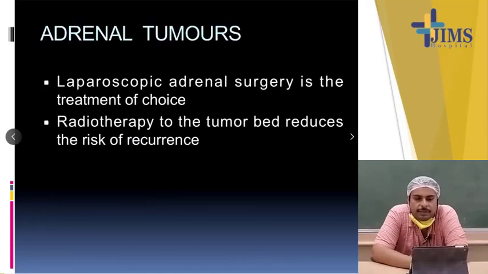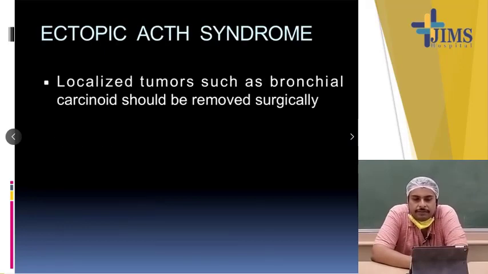Regarding the adrenal tumors, laparoscopic adrenal surgery is the treatment of choice, and radiotherapy to the tumor bed reduces the risk of recurrence. And ectopic ACTH syndrome is actually very difficult to treat, because what is important is to find out the cause of the syndrome.